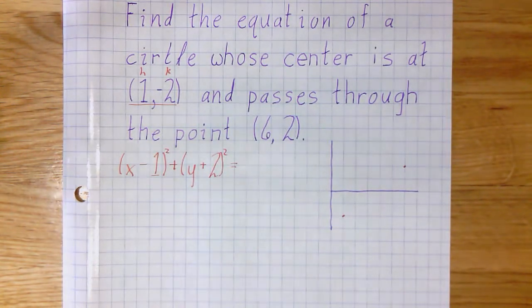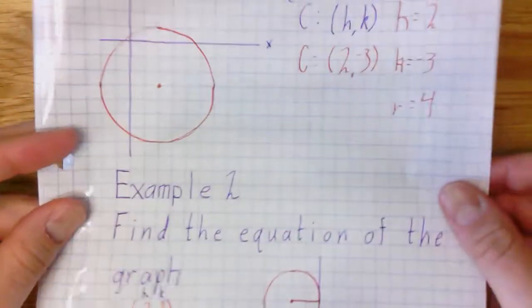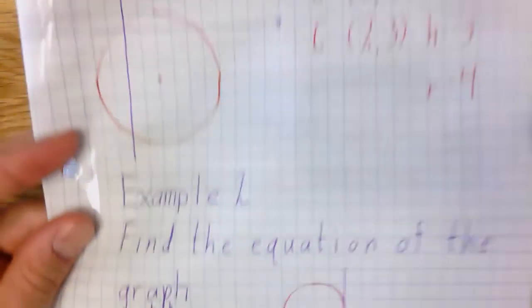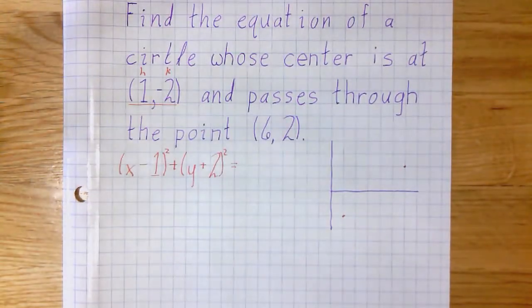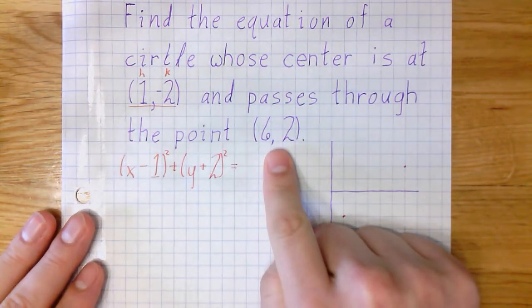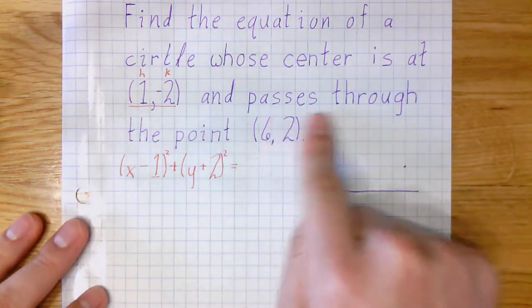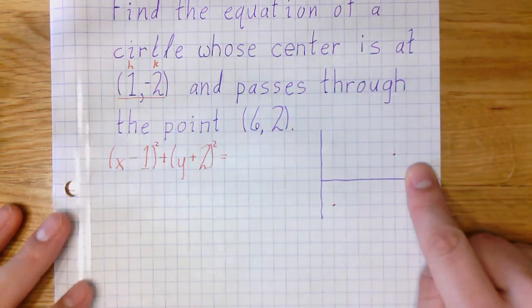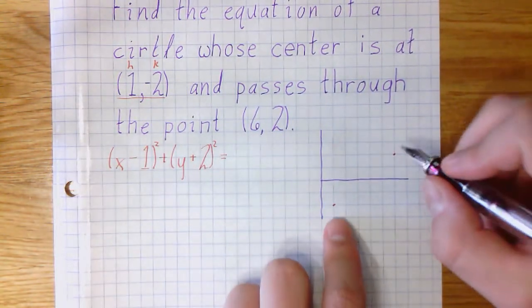So in example 2, they were really nice. They just showed me the radius. It was 2. This one, they give me this other random point, and it just seems random, right? It passes through this point. So I drew the center, and I drew the edge. You could kind of try and draw the circle if you want.